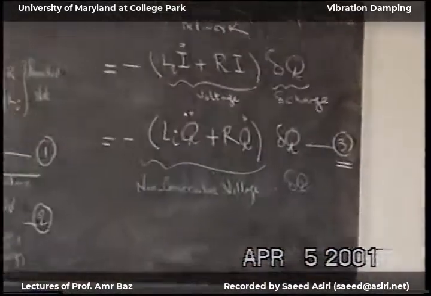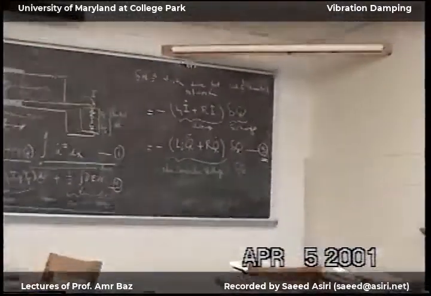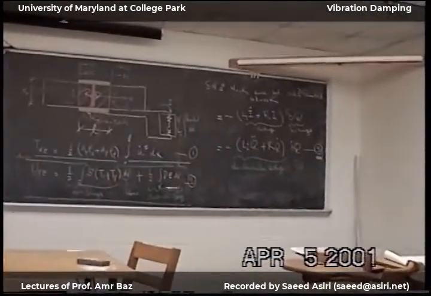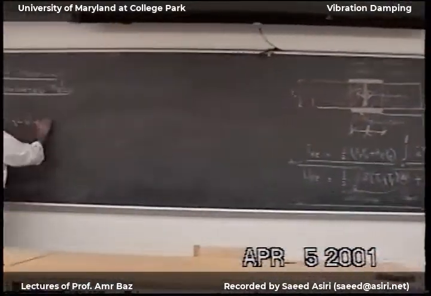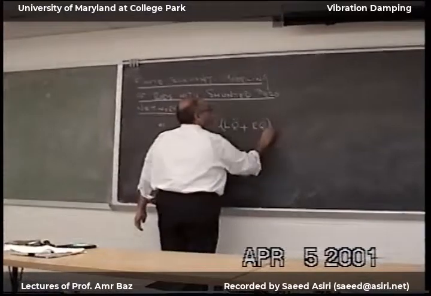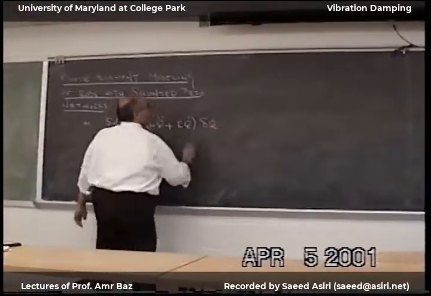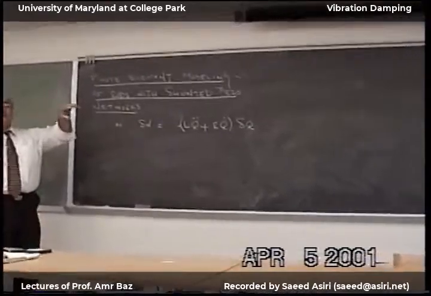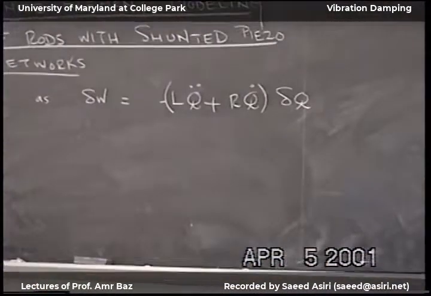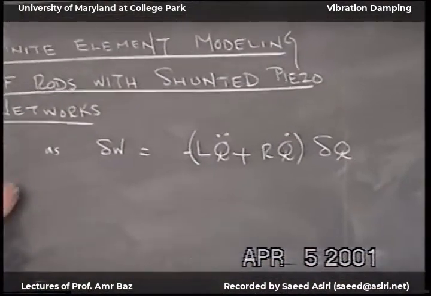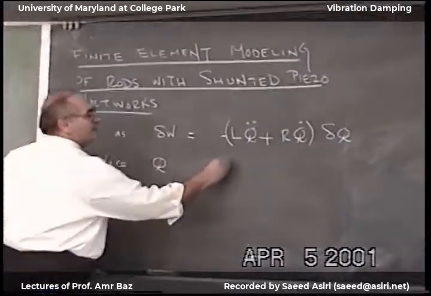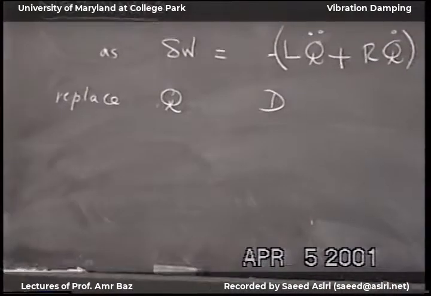And we'll see here that del W is equal to minus L Q double dot plus R Q dot del Q. My independent variable is the electric displacement D, so I have to replace each Q by terms of the electric displacement.